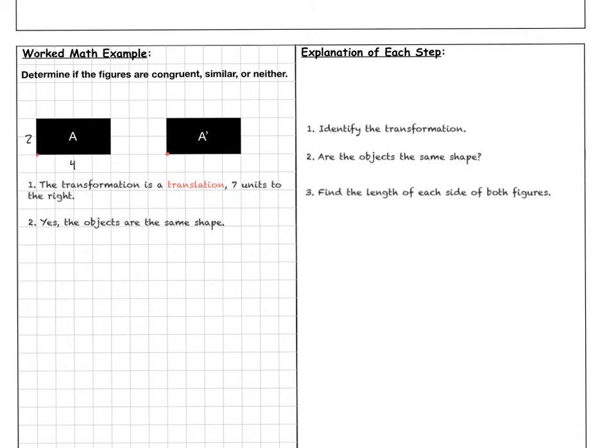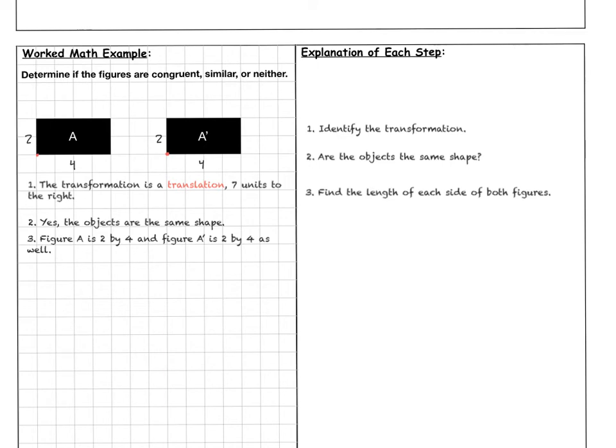Let's do the prime image, A prime. So we have 2 units tall, and we have 1, 2, 3, 4 units wide. So we're going to write it as figure A is 2 by 4 and figure A prime is 2 by 4 as well.